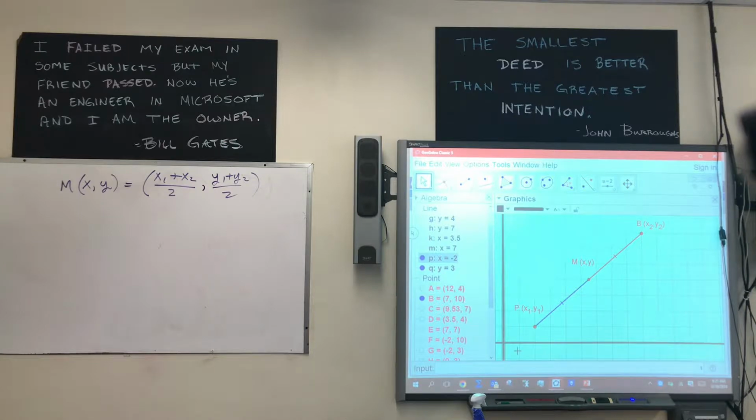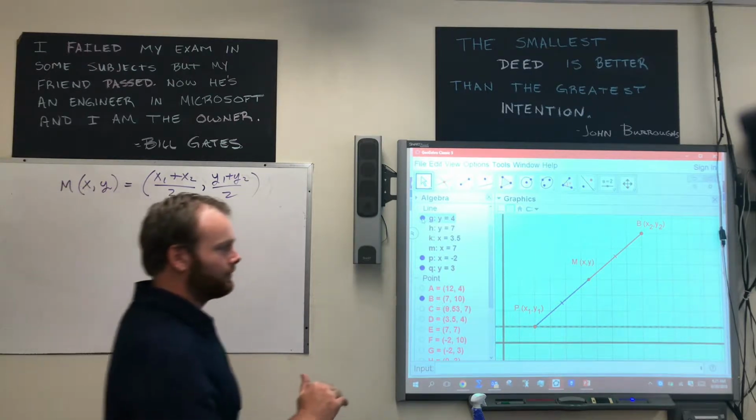So the first thing I'm going to do is add in here a line that goes through P. Now that line could be of any slope that it wants to be. But I'm going to make it a slope that is, sorry, not undefined, 0. I'm going to make it horizontal.